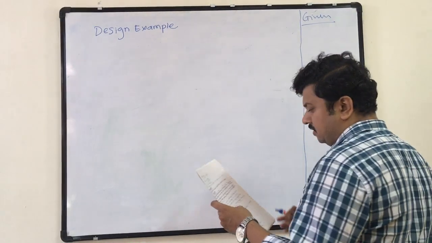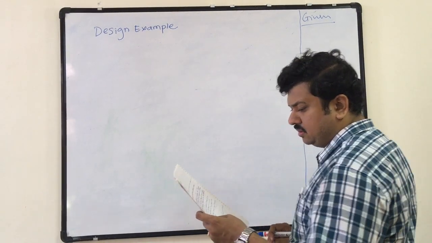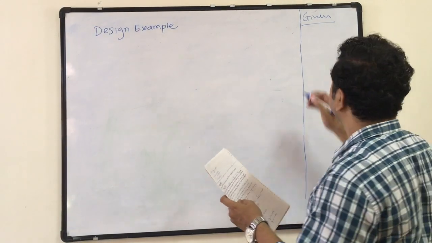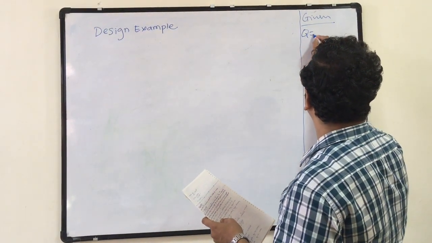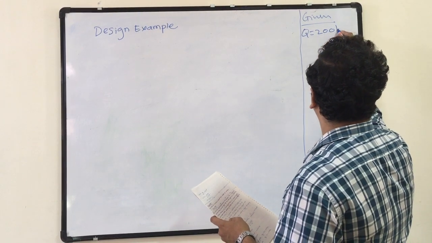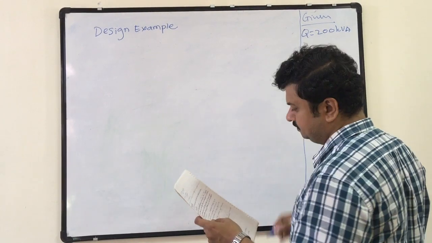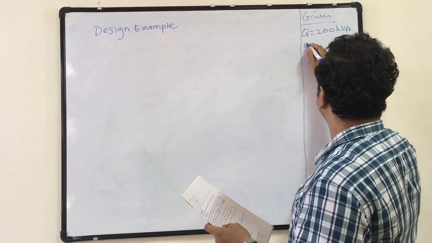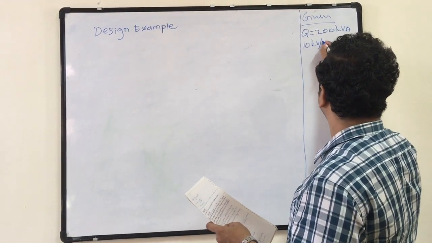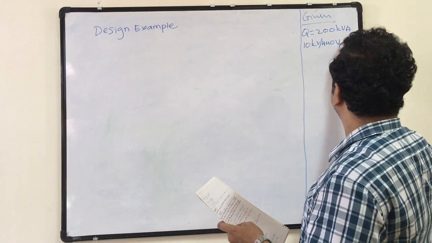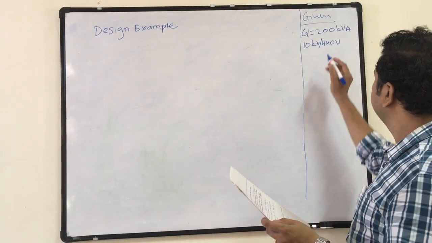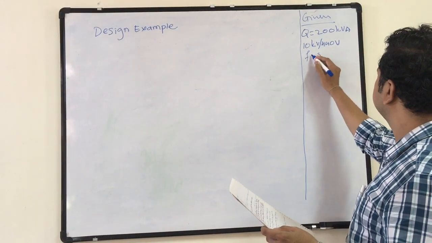Given, find the overall dimensions for a 200 kVA transformer. So Q is 200 kVA. 10 kV by 440 volts is the voltage ratio. Frequency is 50 Hz.